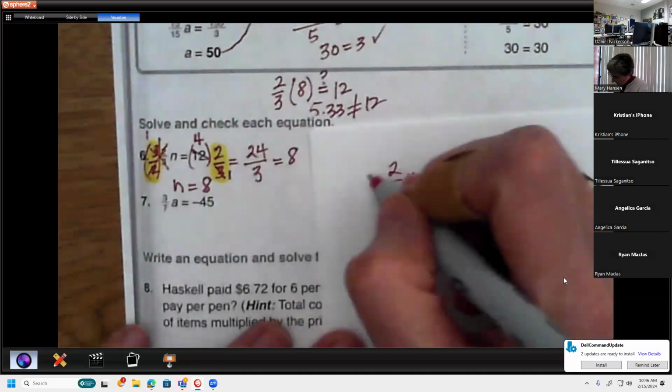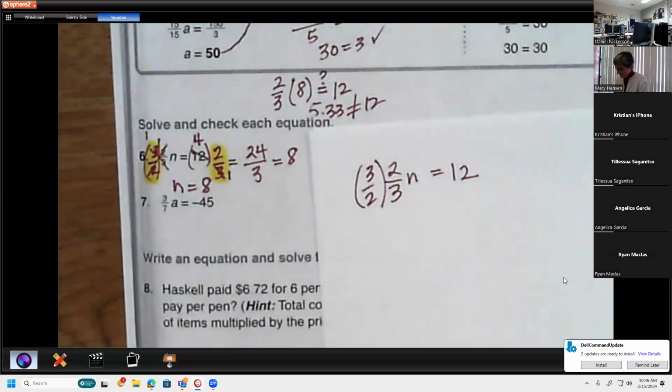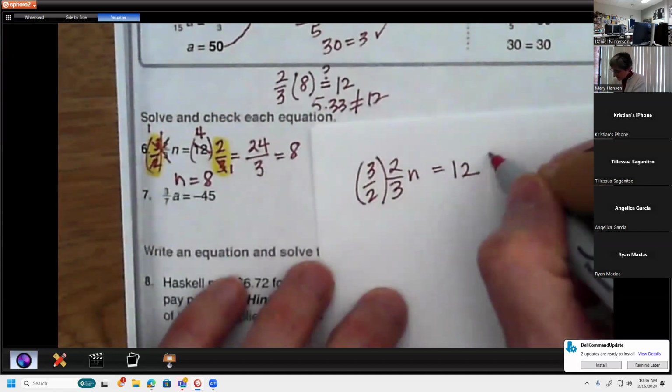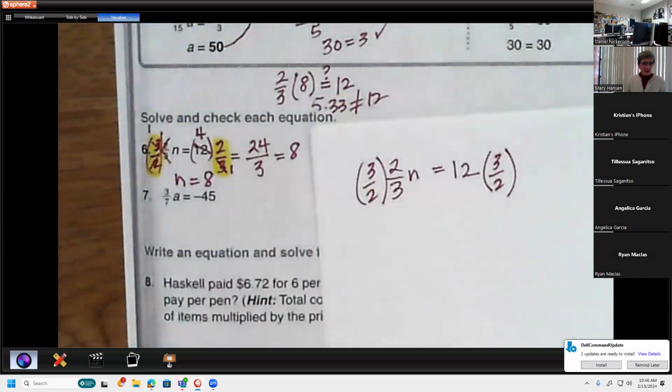Okay, so I did right. I multiplied by the reciprocal on the left. I need to do the same thing on the right. For those of you who sometimes have trouble mixing up numbers, I just did exactly that. You're not alone.